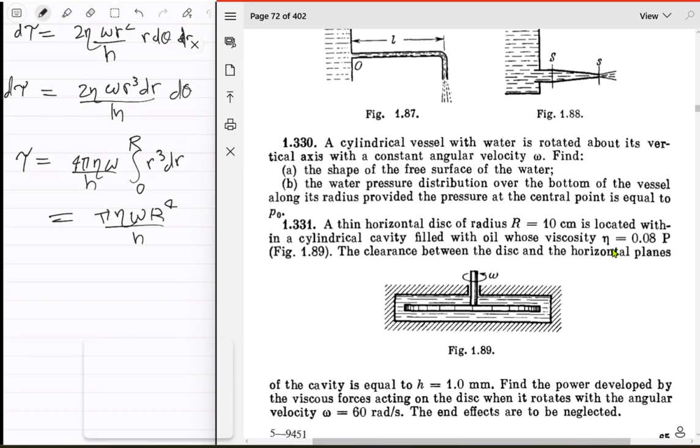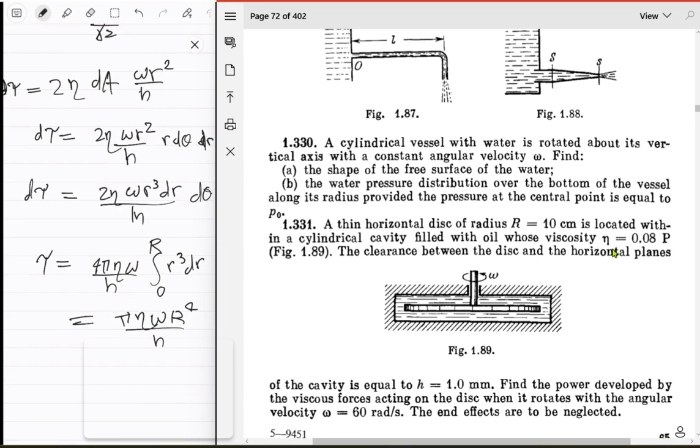Eta is definitely not in units of pressure, is it? Eta times area and then times per second is equal to Newton meters. Yeah, no, it won't be pressure. It can't be.